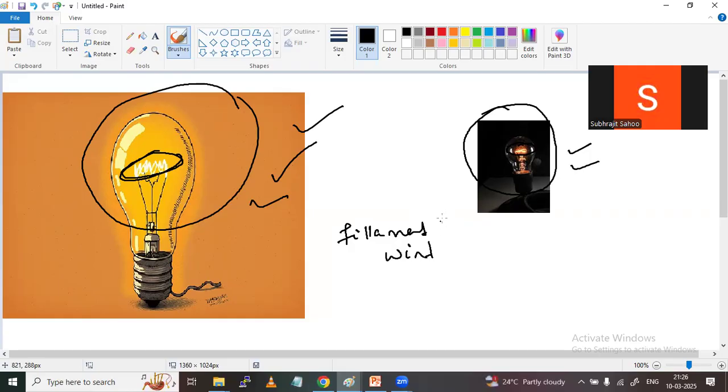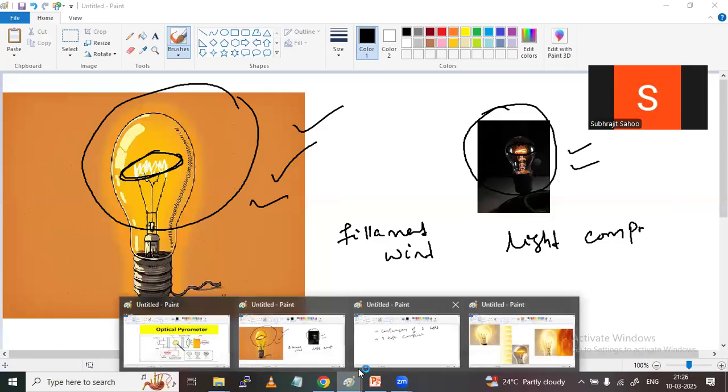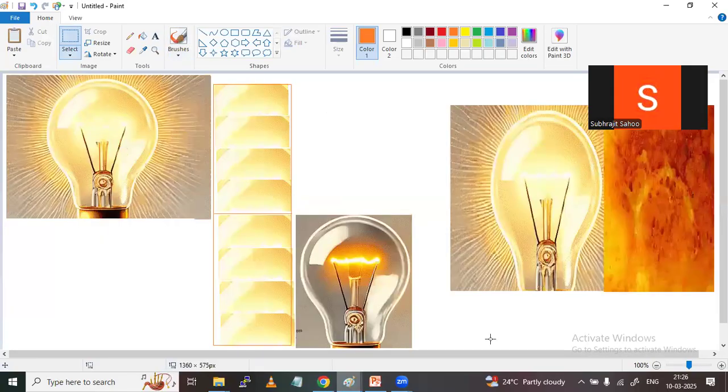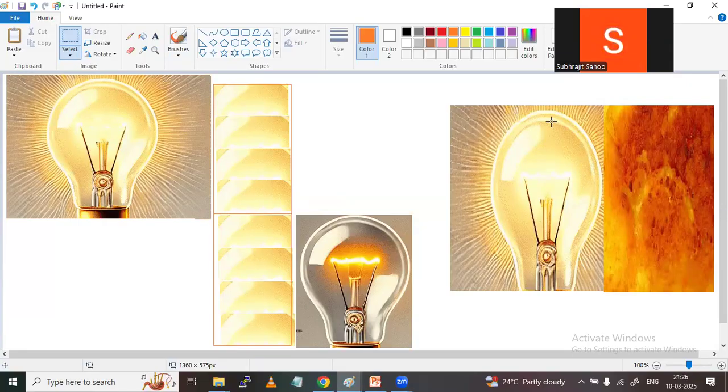Now in this optical type pyrometer, some light comparison we are going to do. It works on the principle of comparison of two lights. So three types of comparison I will do. Look at these diagrams. In this diagram, I have put three cases. What is the first case, sir? This is my bulb.